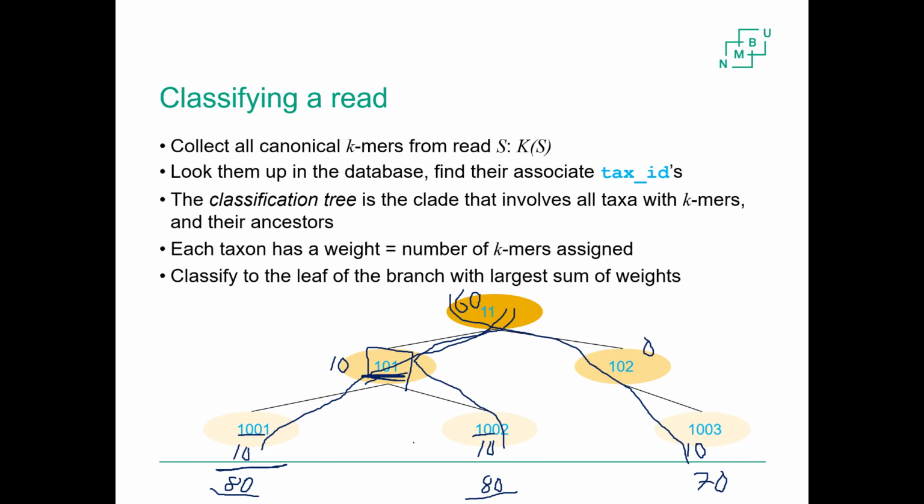You can see that in some cases, reads are not assigned to the species, but higher up in the hierarchy. And this can be even higher, depending on what the read looks like. If it's a read that contains k-mers that you find in almost all organisms, then it ends up very high up in the taxonomy.